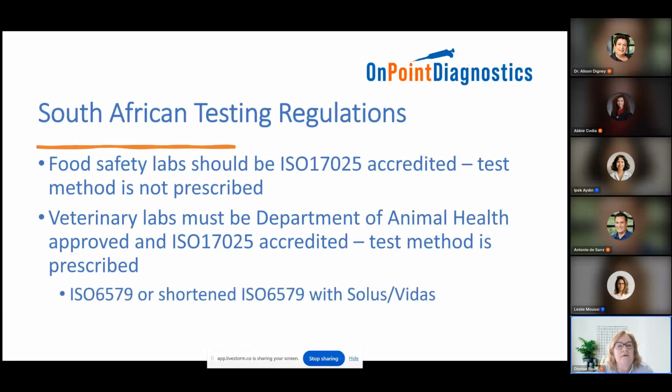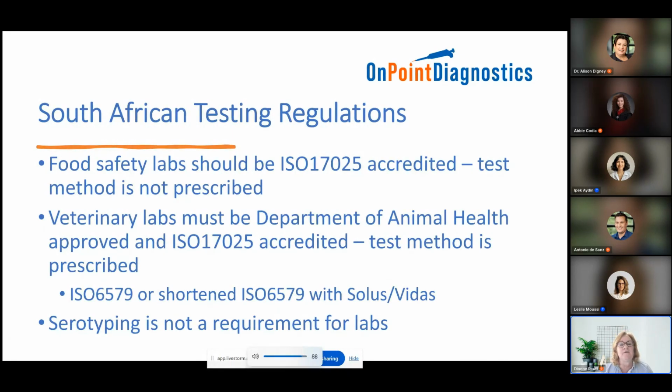We look at our testing regulations. Our testing regulations are for the laboratories themselves. Food safety labs should be, and I say should, not must, should be ISO 17025 accredited.